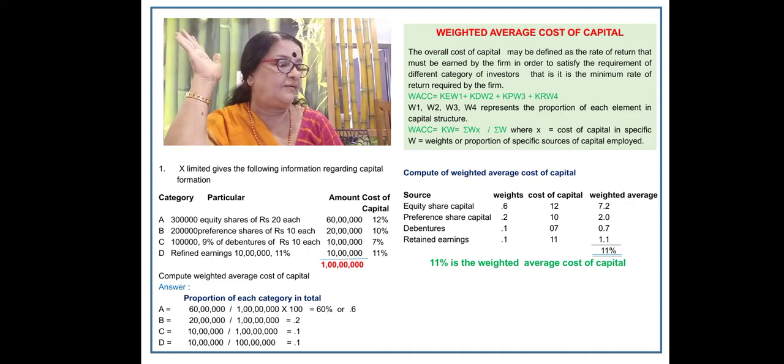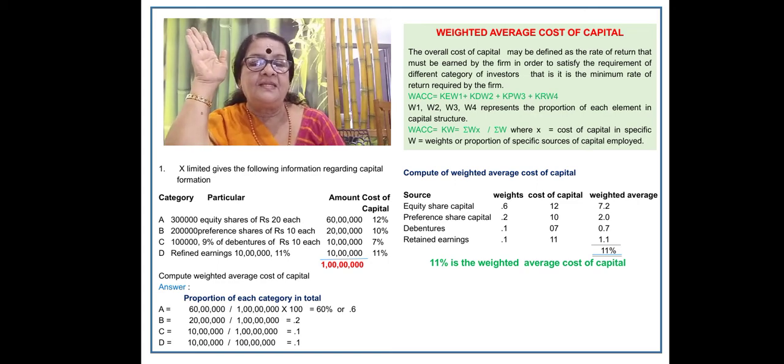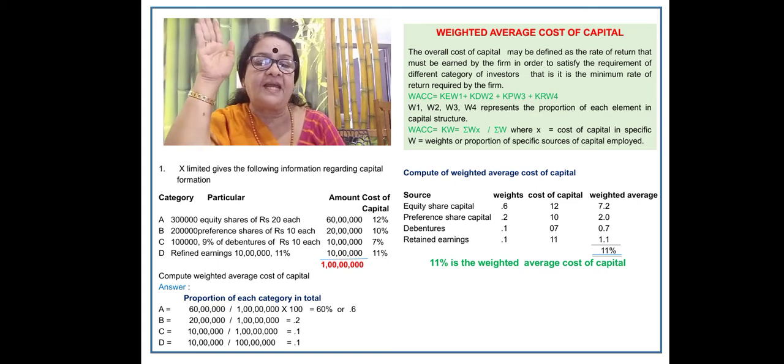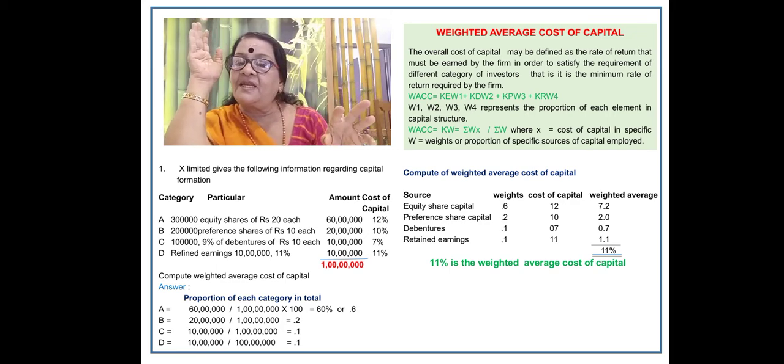So it is coming 75,000, 1 lakh 20,000, 2 lakh 16,000, 1 lakh 65,000, and total 5 lakh 76,000. This is the total after tax cost, that is sigma wx, which we got, divided by sigma w.